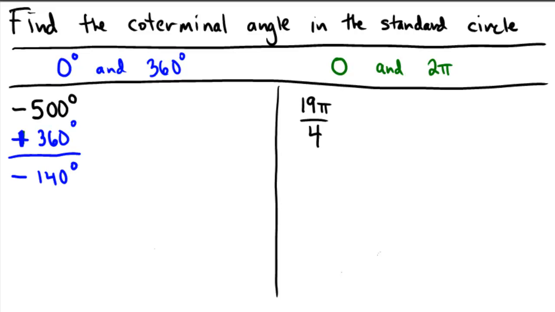That's still negative, so it's not between 0 and 360, so we need to add another 360 degrees. I keep rotating circles until I'm finally far enough. Negative 140 plus 360 is positive 220 degrees, and notice that that is indeed between 0 and 360. So the answer to that problem is 220 degrees.